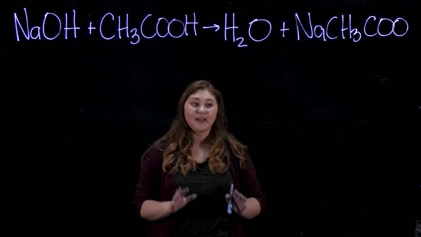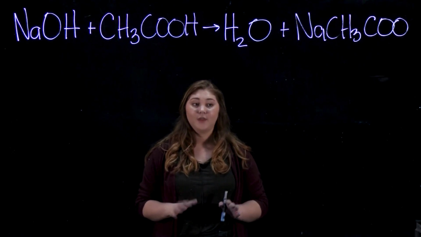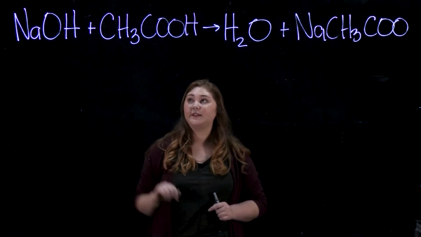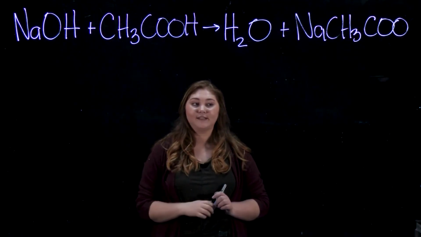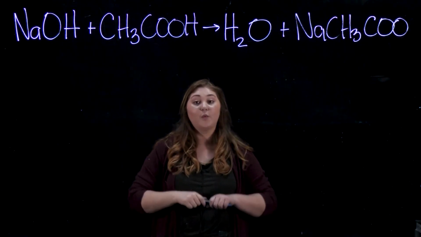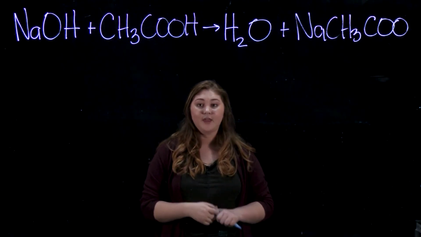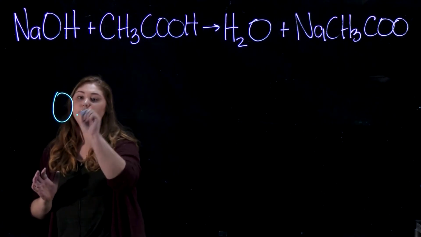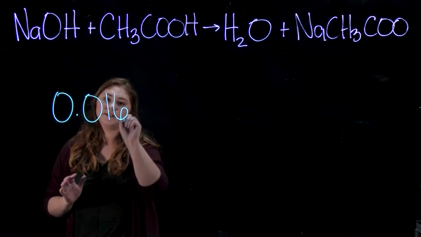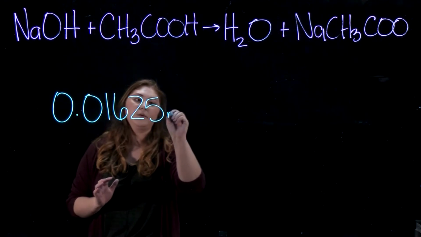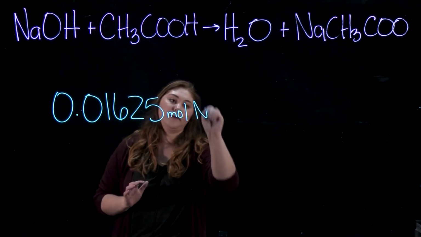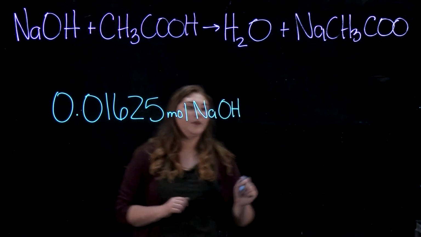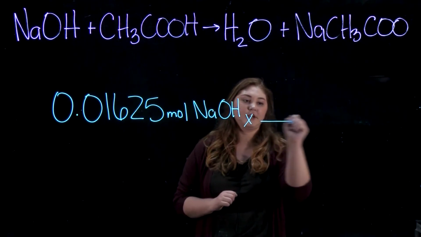Let's look at the balanced chemical equation for this reaction. We can see that for this equation, we have 1 mole of base for every 1 mole of acid. They are in a 1-to-1 molar ratio. Therefore, we know that if we used 0.01625 moles of sodium hydroxide, we can use that 1-to-1 mole ratio.